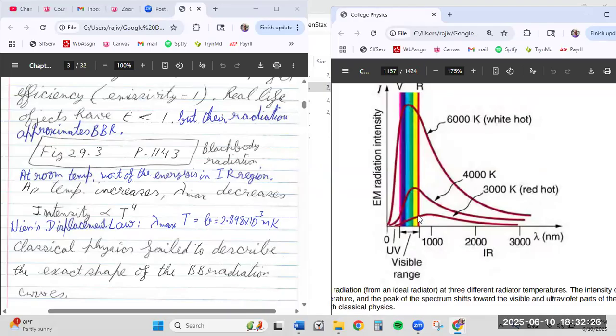The peak is closer to the red end of the visible spectrum, and therefore what you see is a red glow. So for example, if you look at a stove in your kitchen, when it glows, you see this red color. That's because of the temperature and the peak being close to the red end of the visible spectrum. It doesn't mean that the other wavelengths don't exist, but it's just that that's the most prominent one.